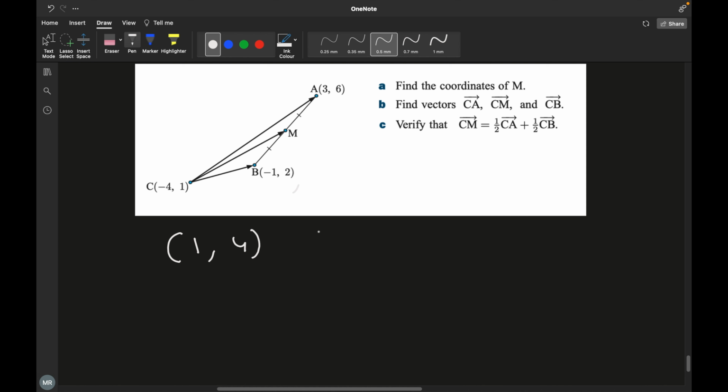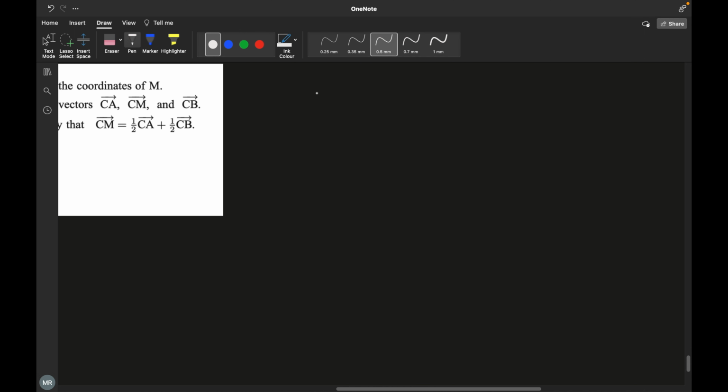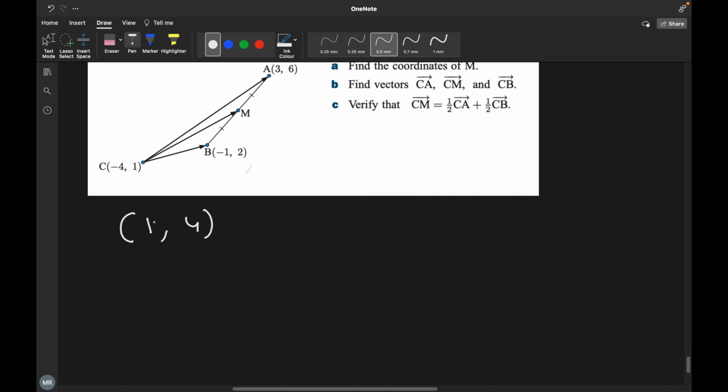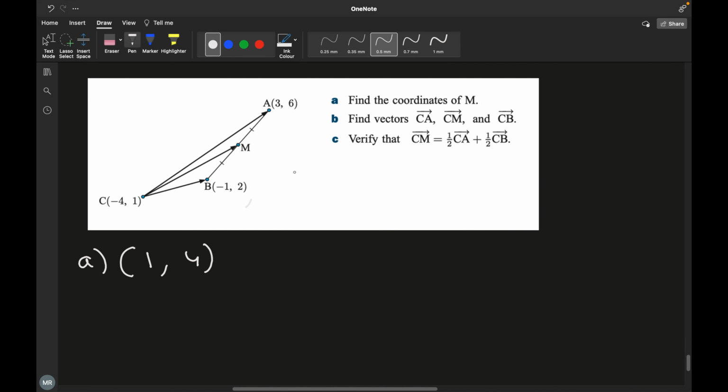The reasoning behind this is if you want to find the average of something, let's say we have a set of data, what do you do to find the average? You add them up and divide by the number of elements. And that's what we're doing here. If you want to find the midpoint, we have to find the average coordinate of the point. And therefore, this is going to be (1, 4).